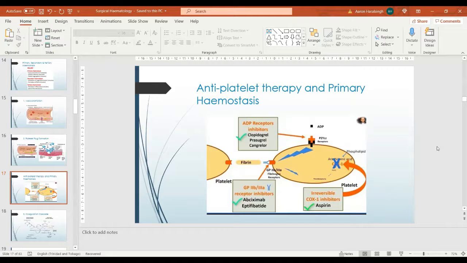So clopidogrel is an ADP receptor inhibitor, and as we know, ADP is very important in the recruitment process of platelet activation and aggregation. One of the other medications, we have the GP2B3A receptor inhibitors, like abciximab, which bind to those receptors and help to prevent platelet aggregation.